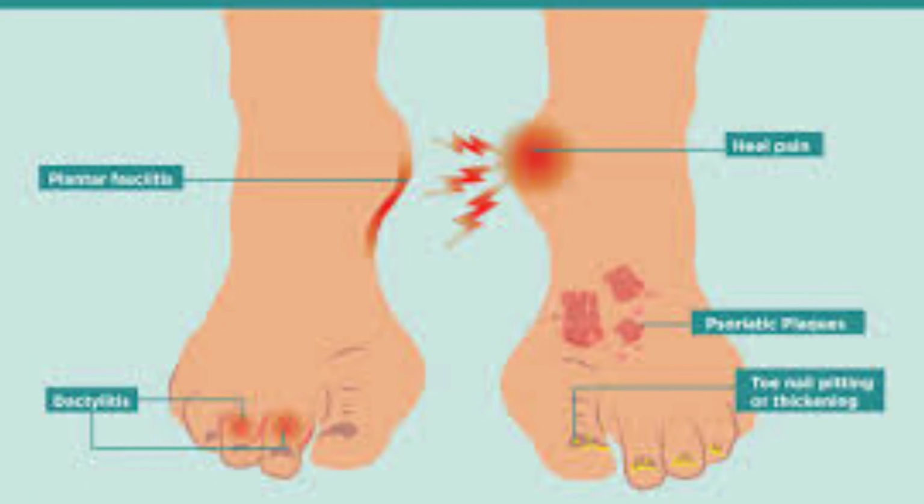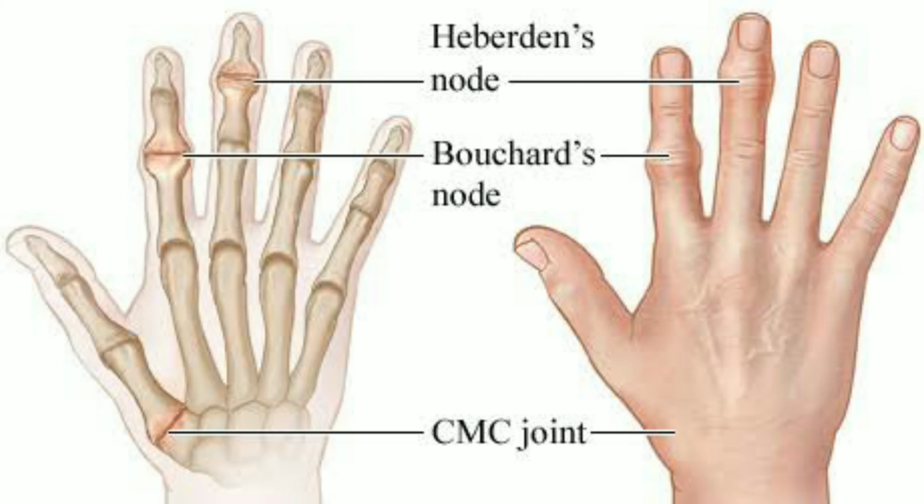Crepitus, or a crackling sound, may be heard during movement of the joint. Joint locking takes place in osteoarthritis. Bony enlargement can also occur, so Heberden's nodes can form at the distal interphalangeal joint, and the nodes formed at the proximal interphalangeal joint are Bouchard's nodes.